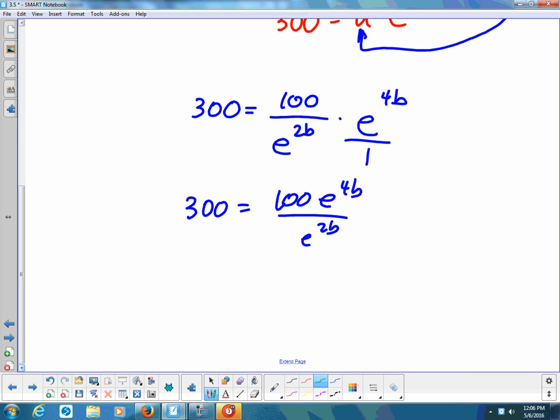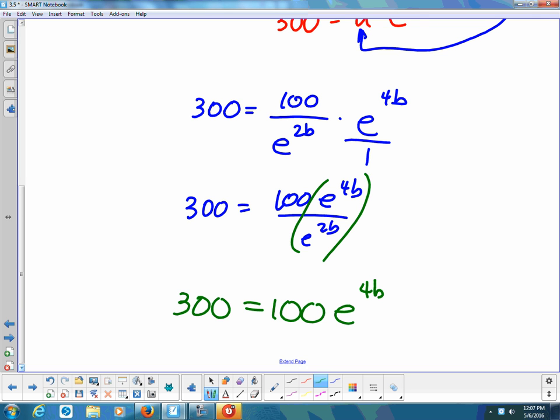If I'm dividing two things that have the same base, what do I do with the exponents? Subtract. So I'm really going to have 300 equals 100 times e to the what? 2b, because I want 4b minus 2b. What's 4b minus 2b? 2b.